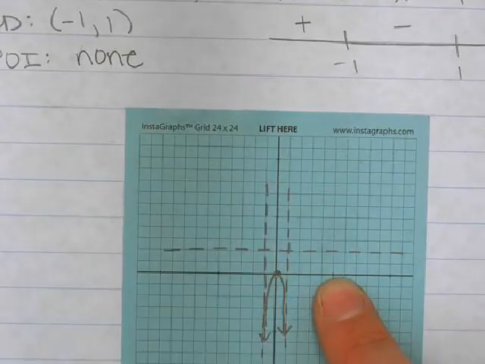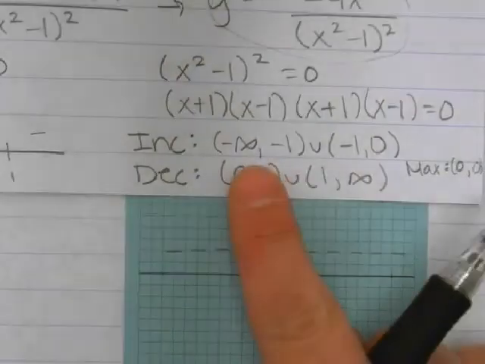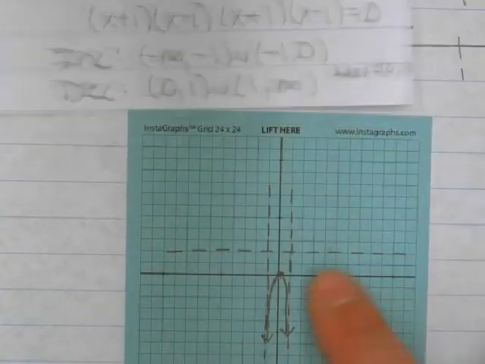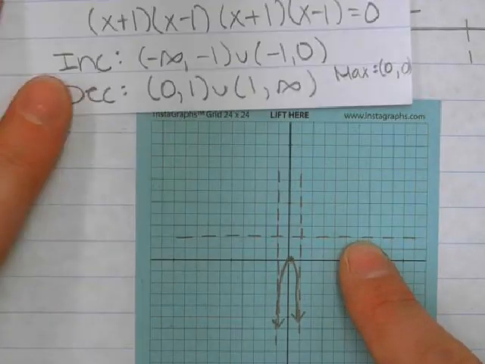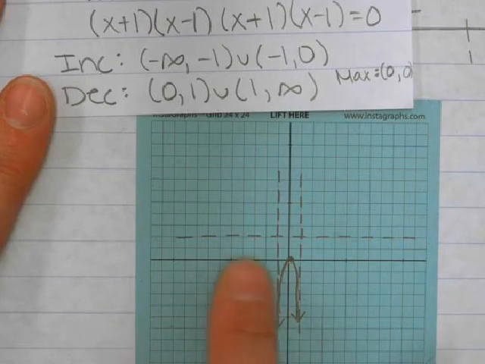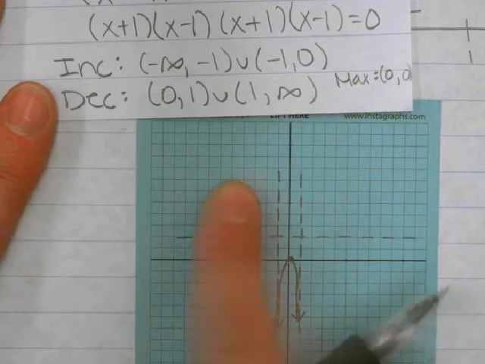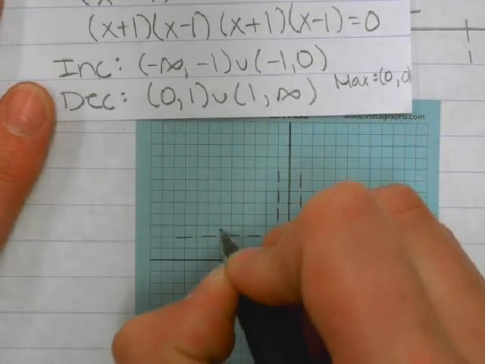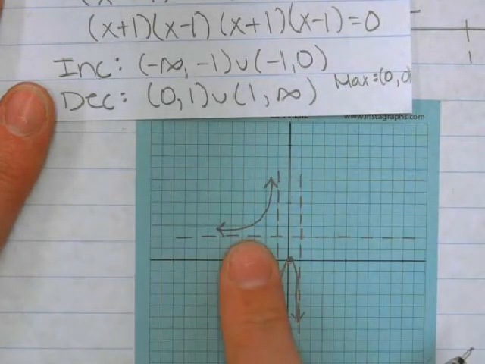And I know that my graph is increasing from -∞ to -1. So if I consider what I know about the concavity and what I know about how it has to increase, that means that if the curves have to be either down here or up here, then it only makes sense for the curve to be up here. And that's because it's concave up, but also because this graph has to be increasing.